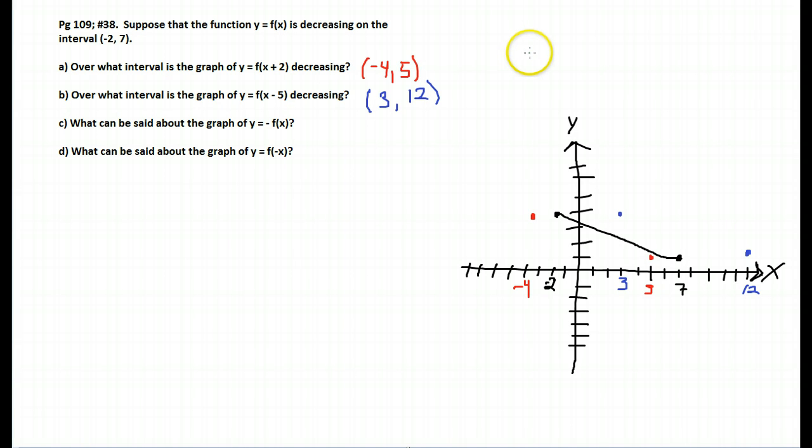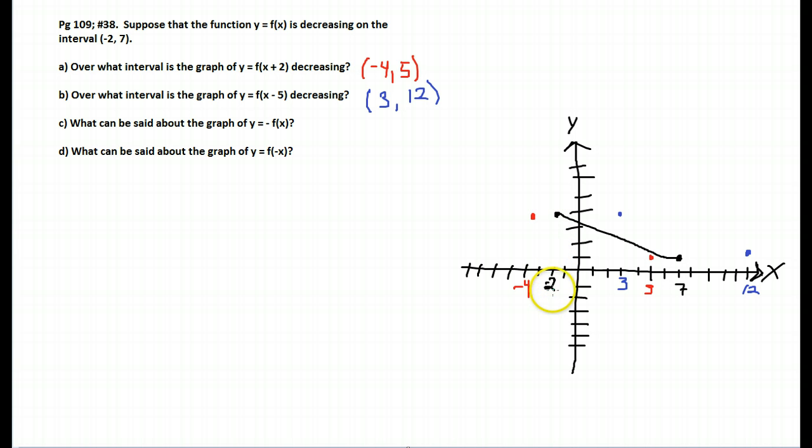Now, part C. What can be said about the graph y equals -f of x? Well, -f of x is a reflection in the x-axis. That means we change the y values. If I were to take this point here and change the y-coordinates to negatives, this is at, let's say -2, 1, 2, 3, 4.